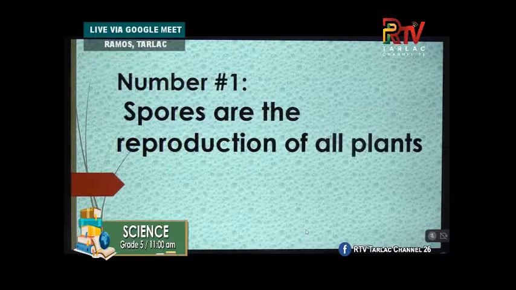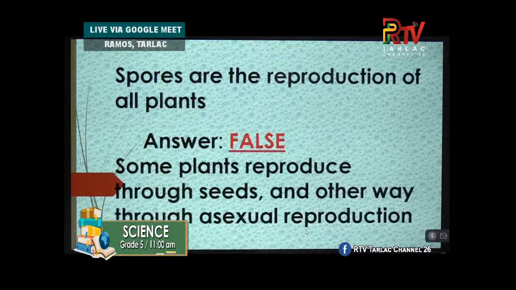Spores are the reproduction of all plants. Again, spores are the reproduction of all plants. What is your answer? True or false? Correct. False. Why? Because some plants reproduce through seeds and other way through asexual reproduction.